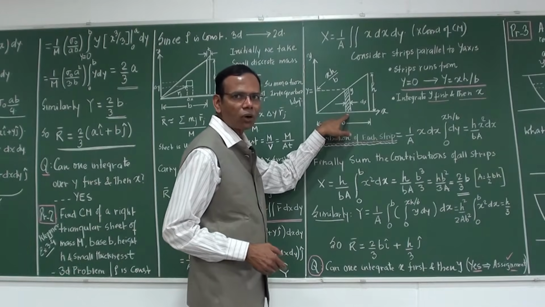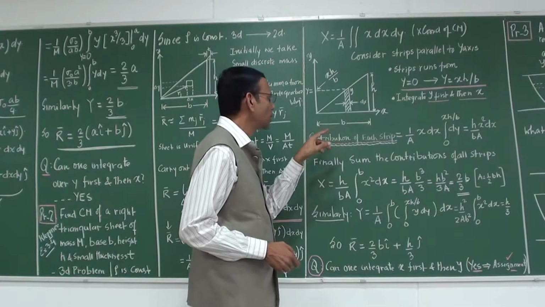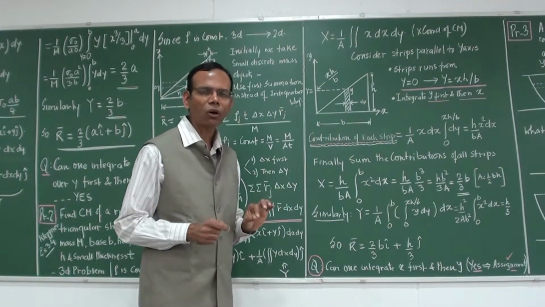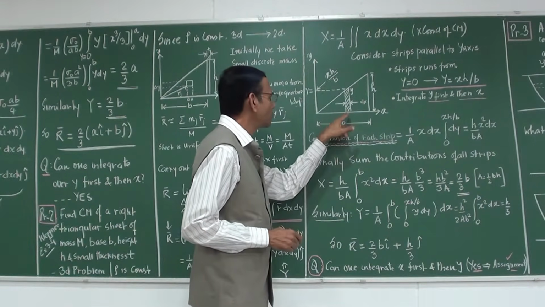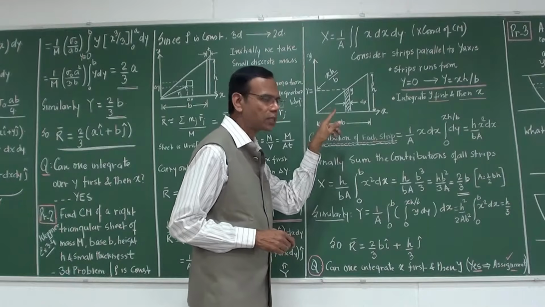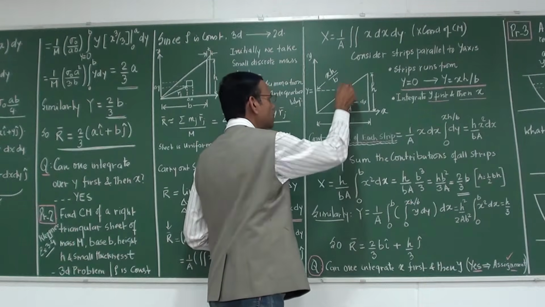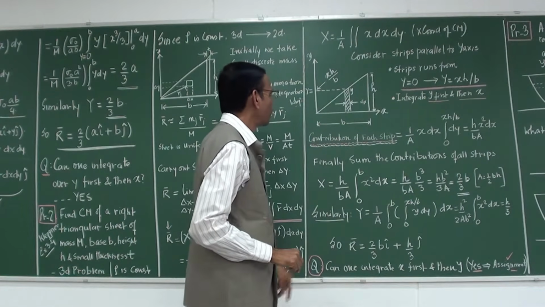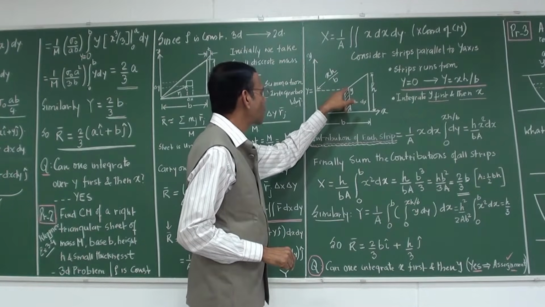What is the limit of y? In double integrals we have to find what is the limit of y and what is the limit of x. The first one that we are calculating is y, that is why we have taken a strip like this. Y is changing, x is fixed. Now, when y is changing, what is the limit of y? It is 0 to this particular line.